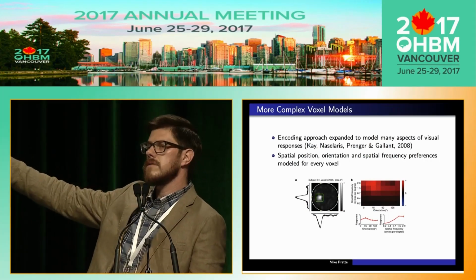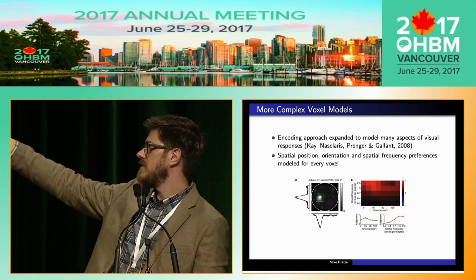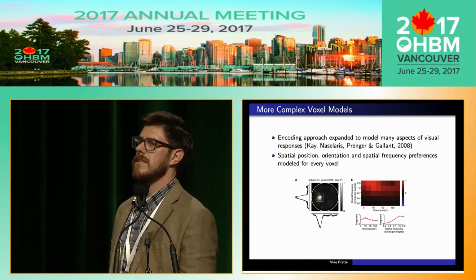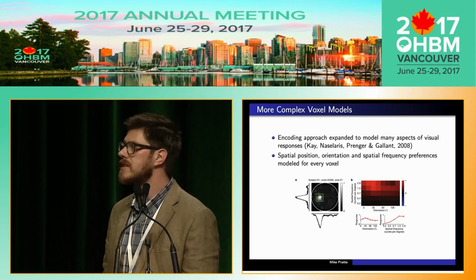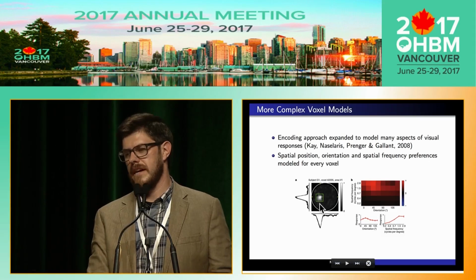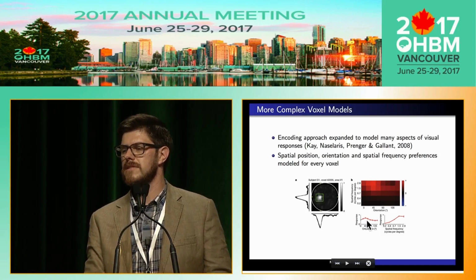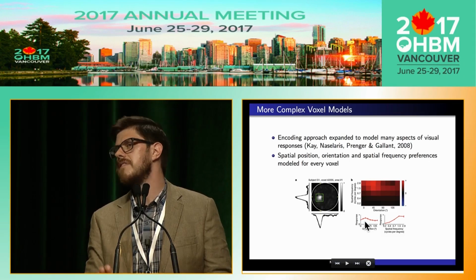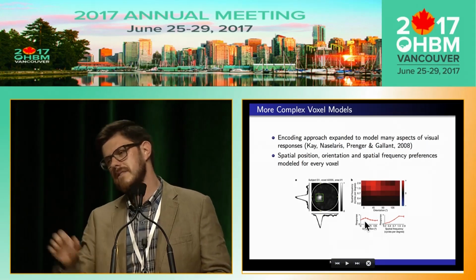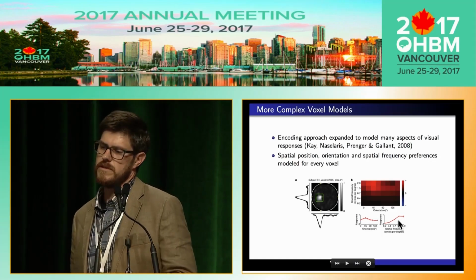And a few years later, out of Jack Gallant's lab, they took this model and expanded it to a great degree, for example, by saying, all right, every voxel, yes, it has a place in space that it responds, but also every voxel has an orientation preference. Some voxels like vertical lines, some like these lines, and also every voxel has particular spatial frequency preferences.